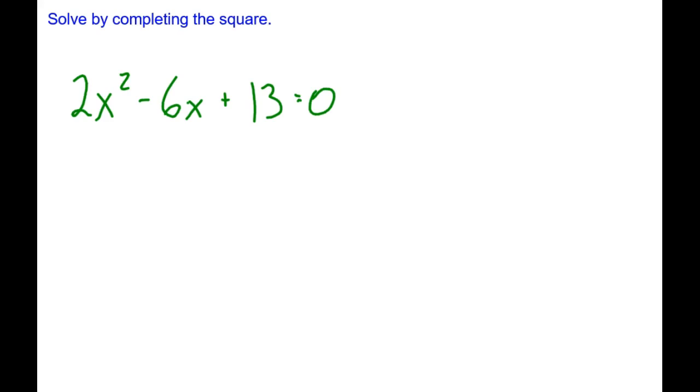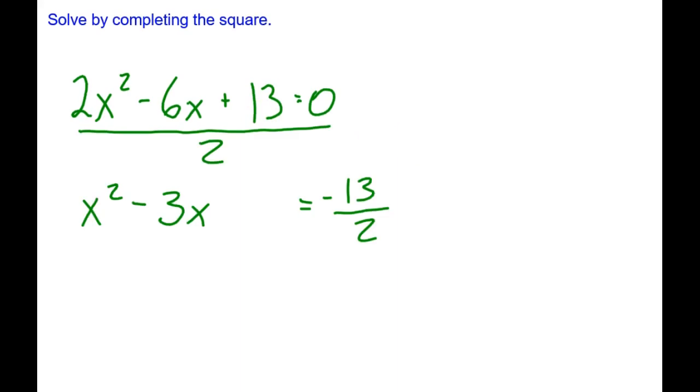So to start this problem, we first have to divide this whole equation by 2 to make our coefficient in front of x squared equal to 1. And then we're going to have to subtract our constant to the other side. So if we divide the whole equation by 2 and then subtract 13/2 to the other side, we're going to be left with x squared minus 3x on one side of the equation and negative 13/2 on the other side.